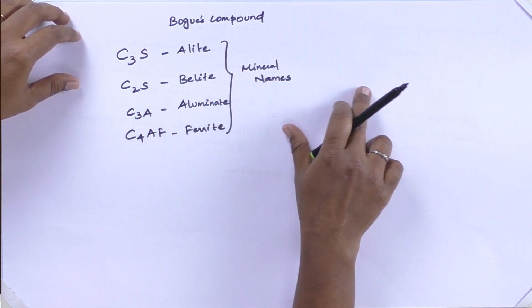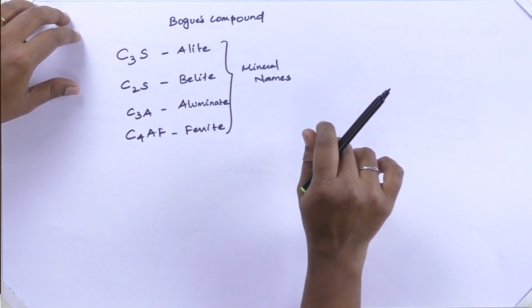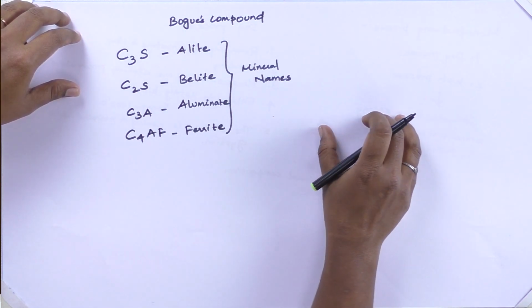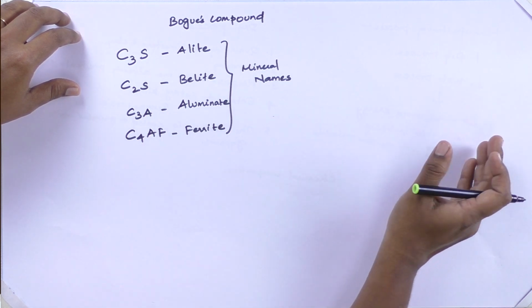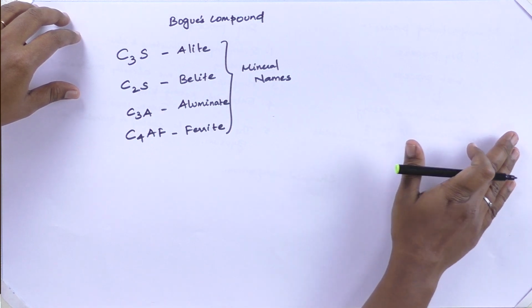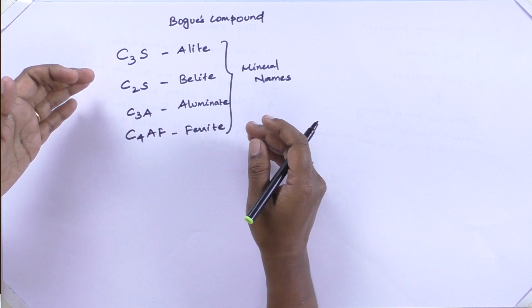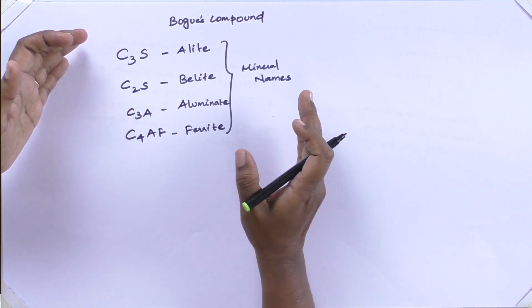After that it gets into the cooling grate, where the clinkers are cooled, and finally we grind the clinkers with gypsum and send them for packing. This is how the oxide elements are combined to form compounds.